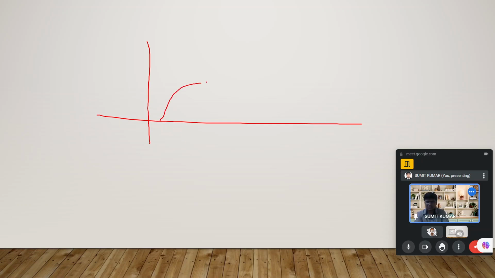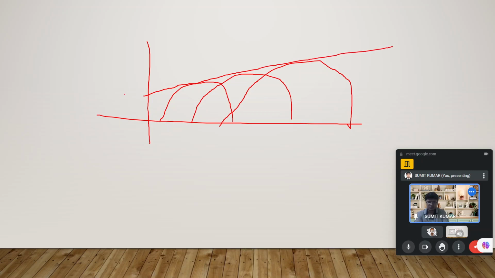Earlier we were drawing like this. In this manner we draw the different Mohr circles, and afterward we draw a common tangent passing through these points, and this is the value of c and this is the value of phi. Okay, I think this is very clear.